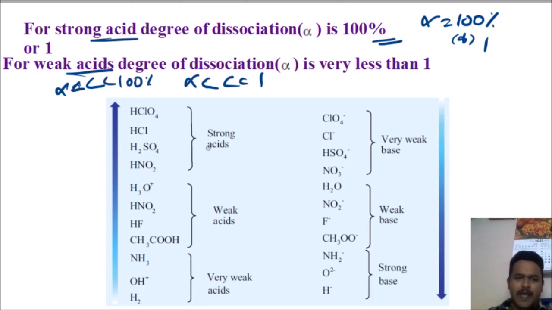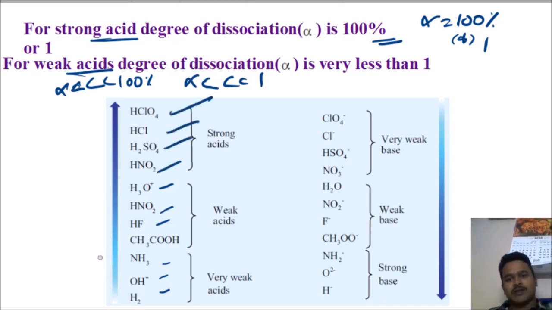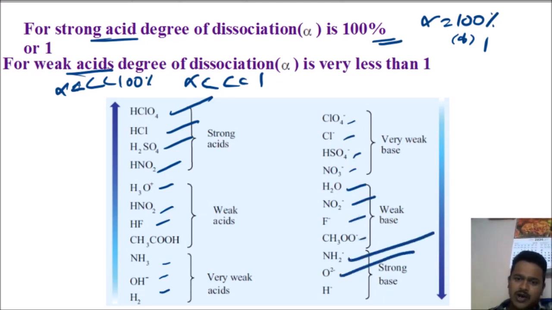Here, these are all very weak, these are weak, and these are strong. Remember this. Bases also: they are all weak bases, very weak, weak. These three are strong bases, so you can remember them as examples of strong bases.